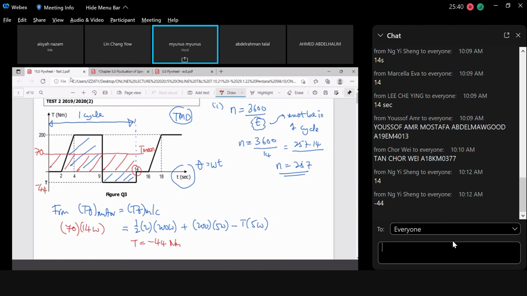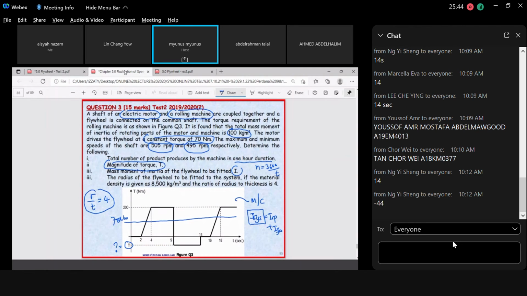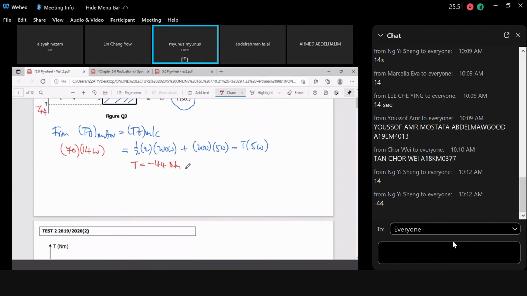The next question is the mass moment of inertia of the flywheel to be fitted. Now we are going to look for the mass moment of inertia of the flywheel to be fitted. So we move to number 3. Remember the equation? We have delta E equal to I alpha omega mean to the power of 2, equal to E max minus E min.